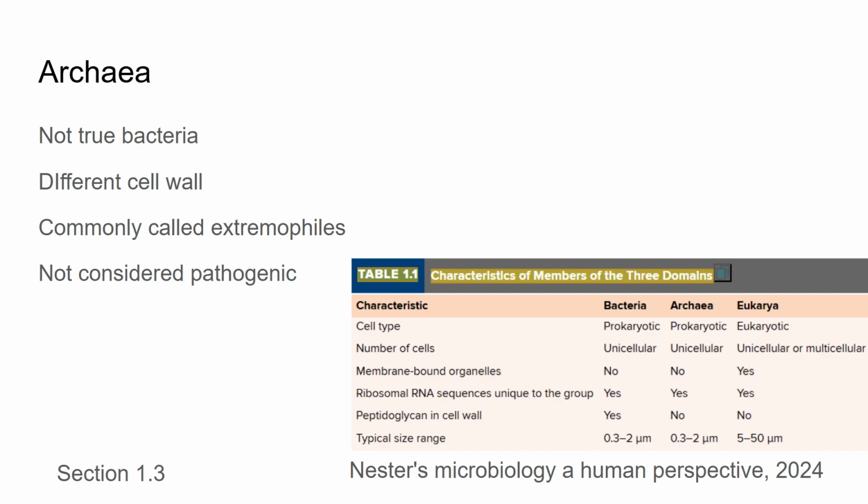You can also find some extremophiles in Yellowstone. These ones are called thermophiles. They love heat. So they're going to live in the hot geysers and hot pools in Yellowstone. Now, typically archaea are not going to be considered pathogenic because our bodies are not really conducive to them living. So they're not really going to be something that you have to worry about in your life too much.